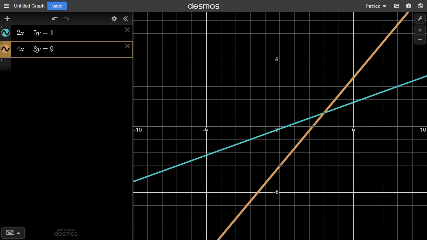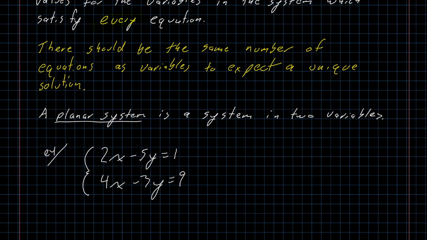And when you graph a system of equations in Desmos, it notices those points and it makes them clickable. You click on the point and it gives you the coordinates for that point. The solution to this system of equations is the point (3, 1).